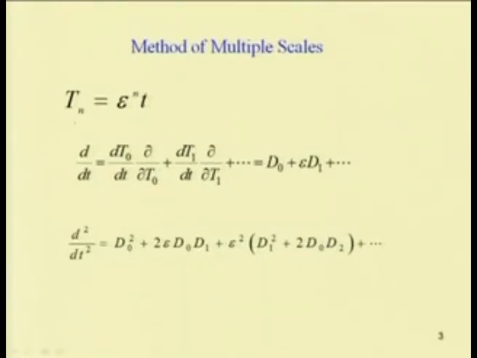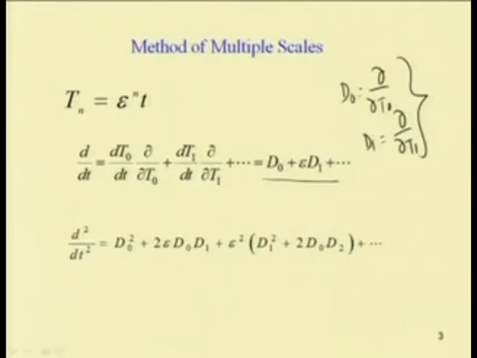So d by dt can be written as D 0 plus epsilon D 1, and d square by dt square is written as D 0 square plus 2 epsilon D 0 D 1 plus epsilon square into D 1 square plus 2 D 0 D 2, where D 0 equal to del by del t 0 and D 1 equal to del by del t 1. Using these different time scales, we have found the solution of the nonlinear system.